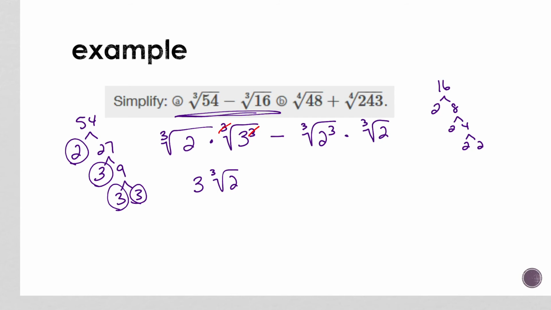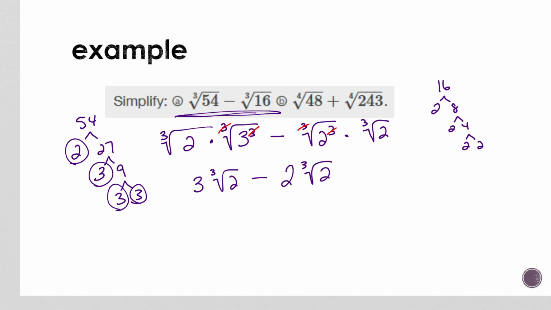Now we're going to subtract. And this cancels this, right? So I'm left with 2 on the outside times the cube root of 2. So now check this out. We've got the same index, we've got the same numbers under the radical.